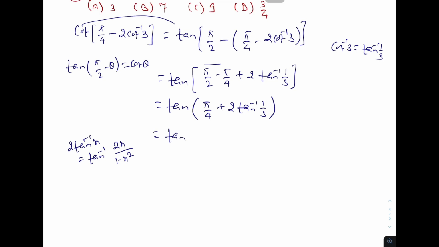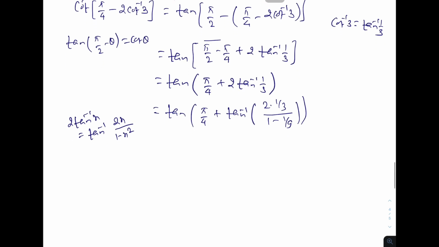So this is equal to tan of pi by 4 plus tan inverse (2 times 1 by 3) over (1 minus 1 by 9). Okay, so this is equal to tan of pi by 4 plus tan inverse.